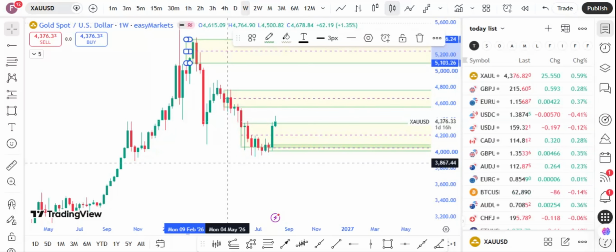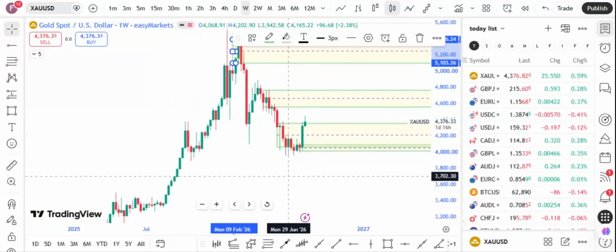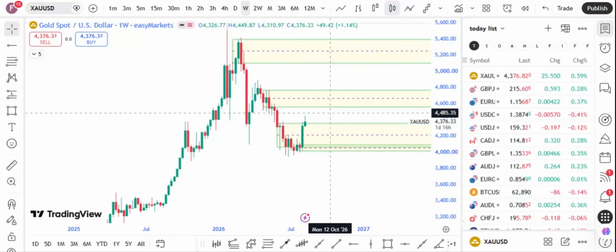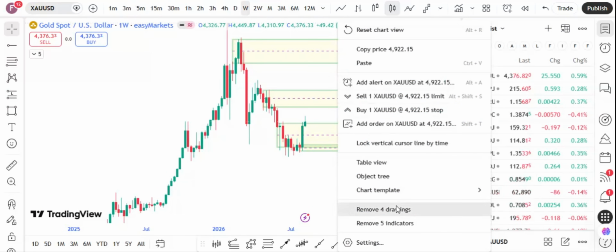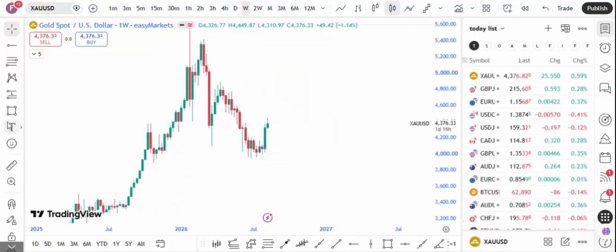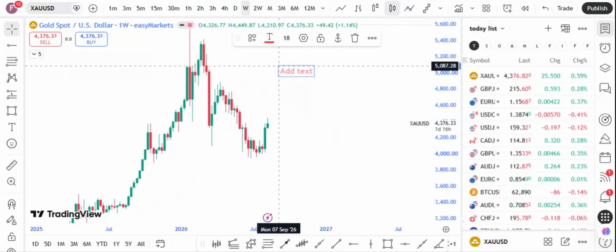So what I look out for is, first of all, this is the SOP for the direction. The first thing you do is check and mark your Malaysian support and resistance levels.